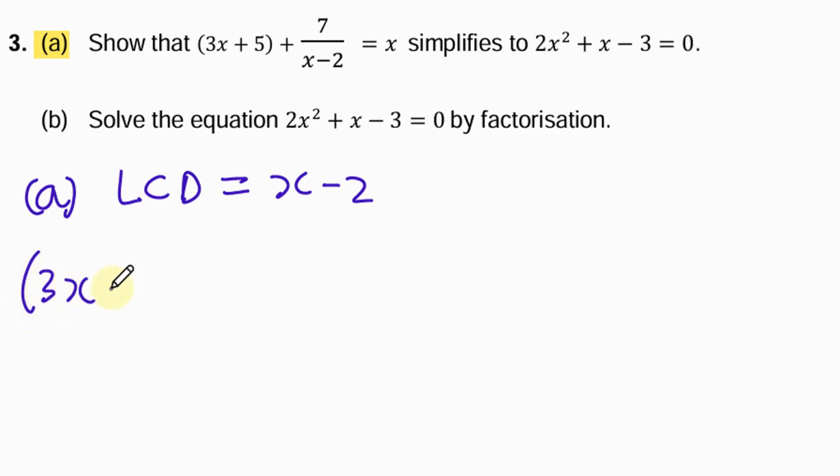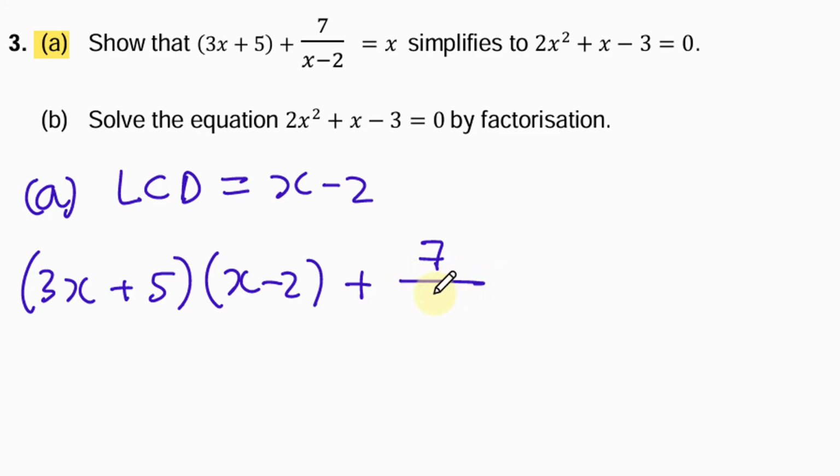Now we multiply each of these terms in this equation by the LCD. So the first term multiplied by the LCD, then the second term multiplied by the LCD, and we also multiply the right-hand side here, in other words the x here, by the LCD.